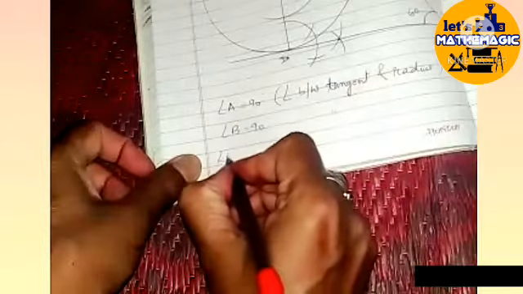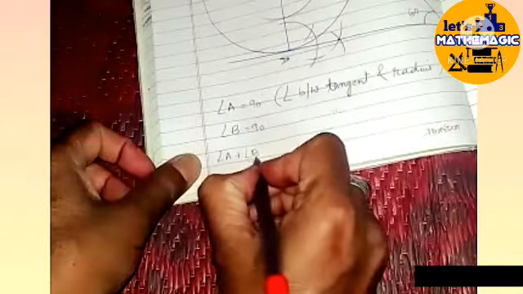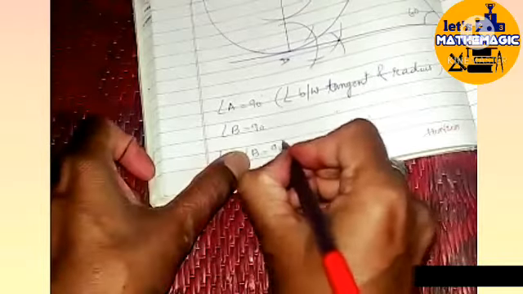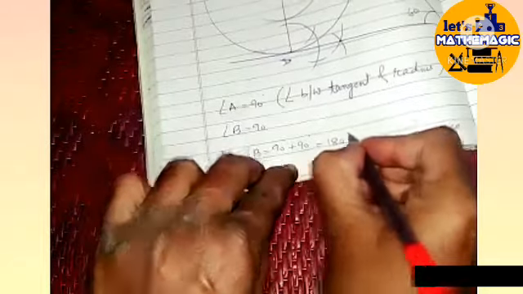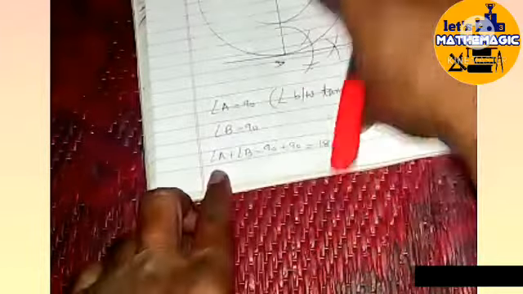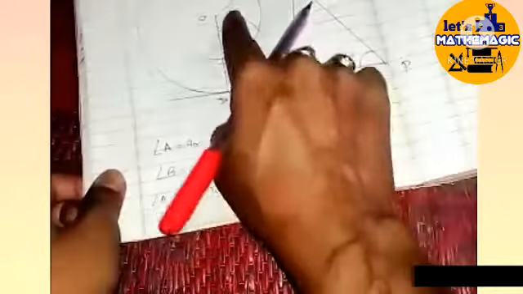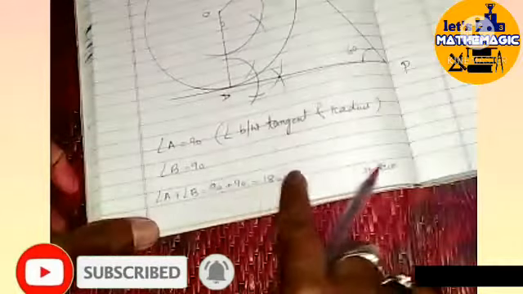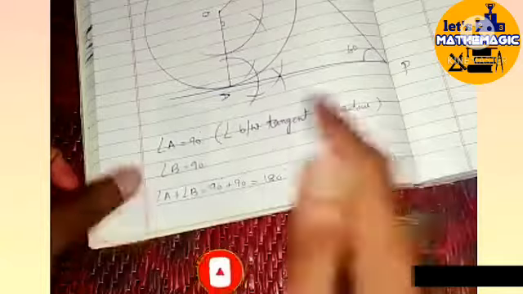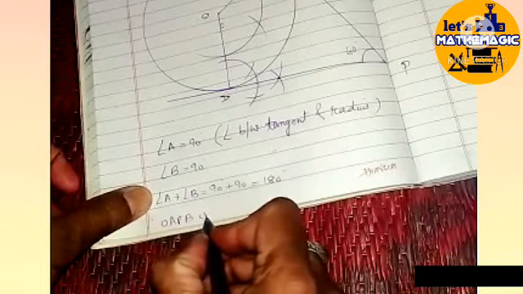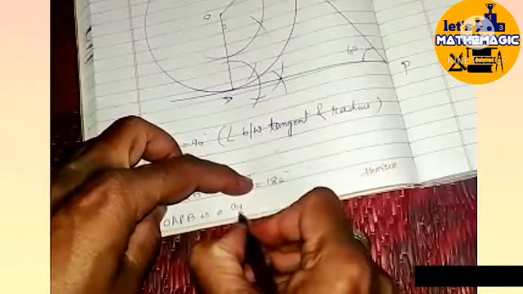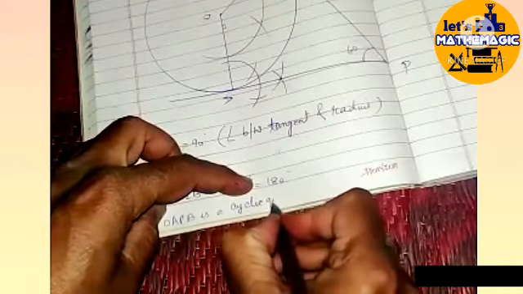If you add angle A and angle B, you will get 90 plus 90 is equal to 180 degrees. You know OAPB is a quadrilateral because it has four sides, and if the sum of two opposite angles of a quadrilateral is 180, then it will be a cyclic quadrilateral. That's why OAPB is a cyclic quadrilateral.